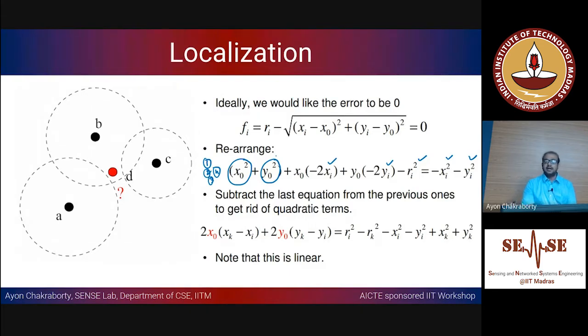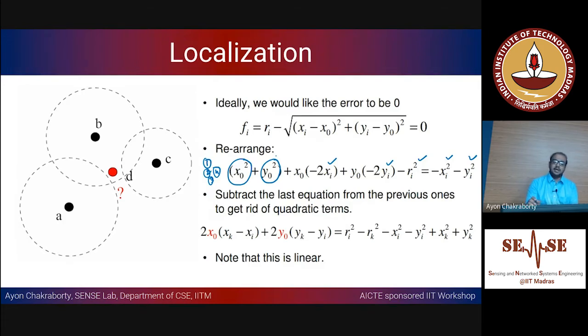We are trying to make it linear. Earlier, if you remember, we used the Taylor series to make the equations linear. Here we simply square the objective function and manipulate it by subtracting one equation from the other, and in that way we get this linear combination of these terms.